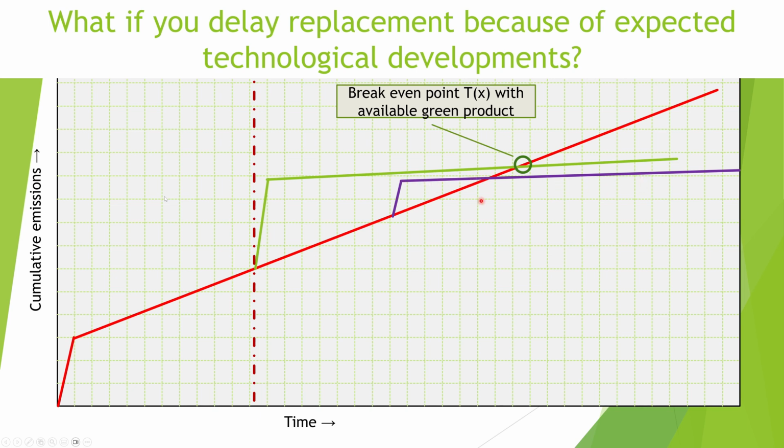Now, that may well be valid, but it's difficult to find examples of this kind of technology where the improvement is substantial enough that it's going to give you a really good reduction in emissions. So, for example, in this case, the total reduction in emissions as shown is relatively small, because even though the purple product is very much improved over the green product, the fact that it's taken that delay, and during that delay time we've been using the poor performing red product, means that the benefit of delaying isn't really there.